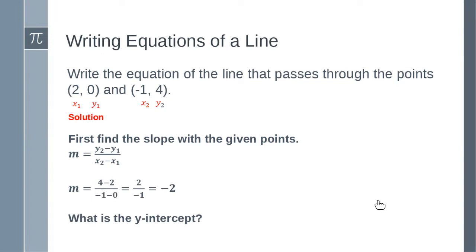So there's a mistake there, so let me just write it here. So y2 is 4 minus 0 for y1, and then we're going to divide by -1 minus 2. So 4 minus 0 is 4, and -1 minus 2 is -3.